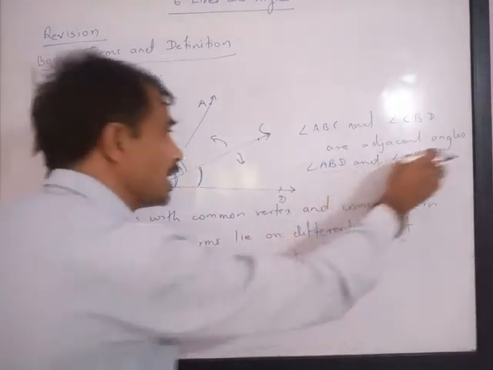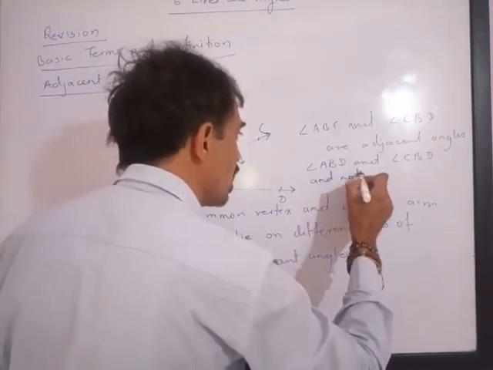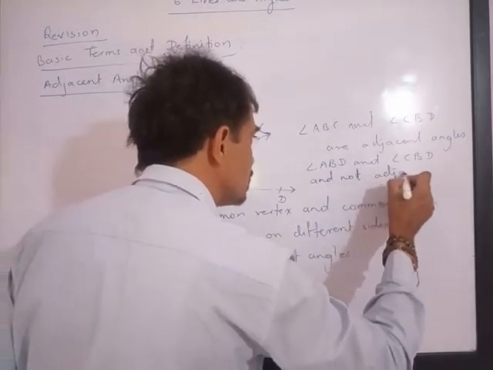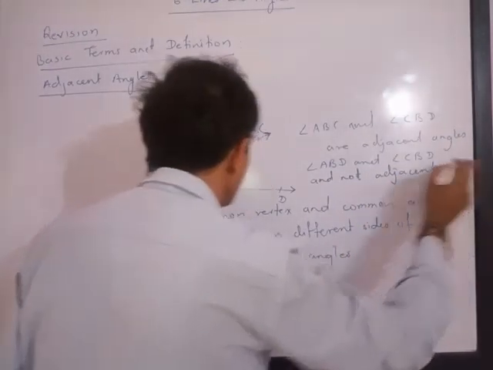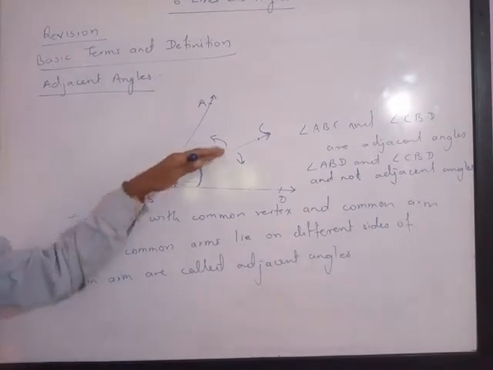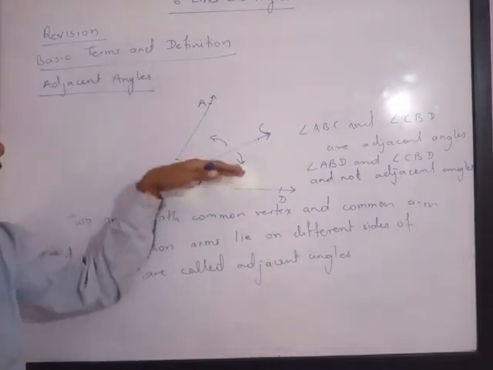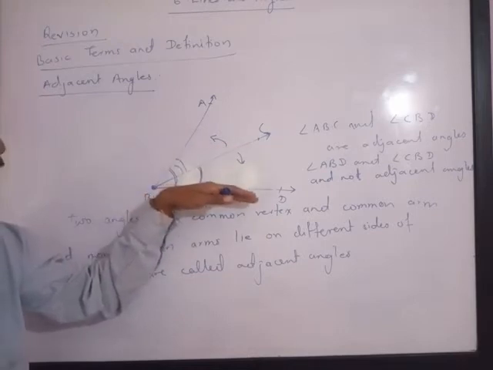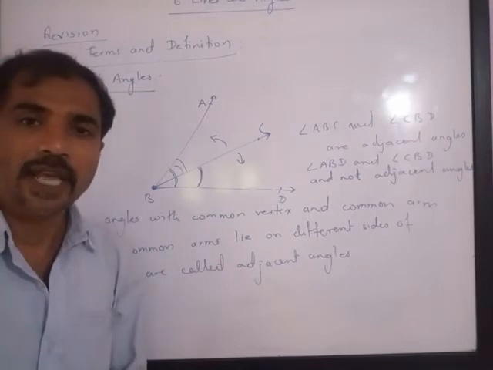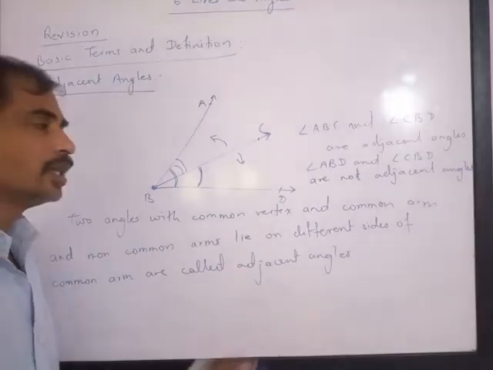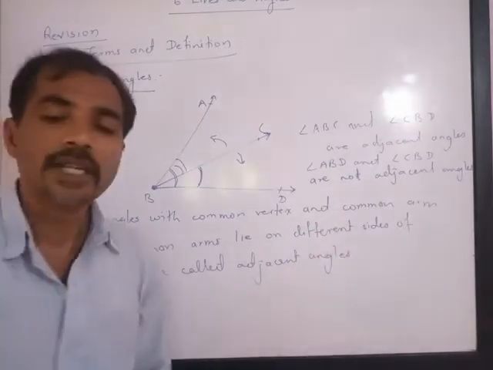Angle ABD and angle CBD are not adjacent angles. The reason is that the non-common arms lie on the same side of the common arm. Hence, they are not adjacent angles. Let's correct this: angle ABD and angle CBD are not adjacent angles.